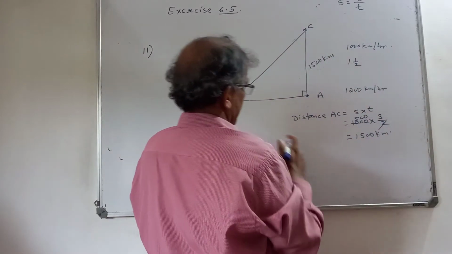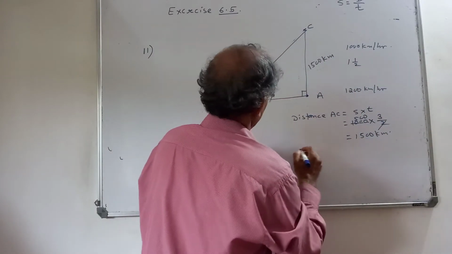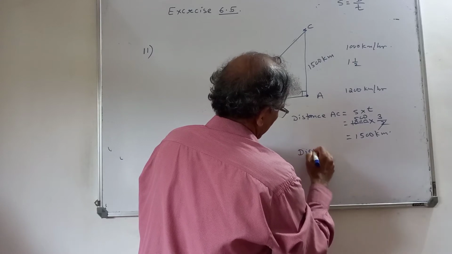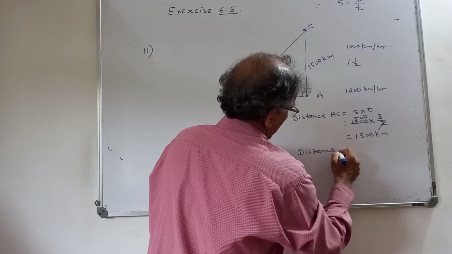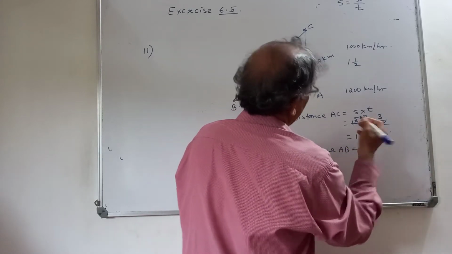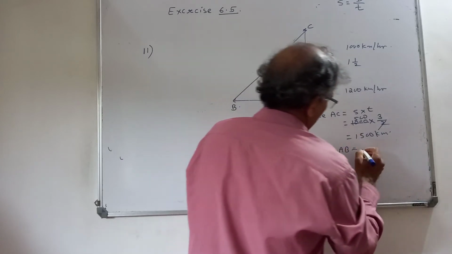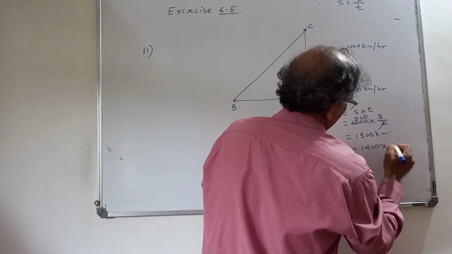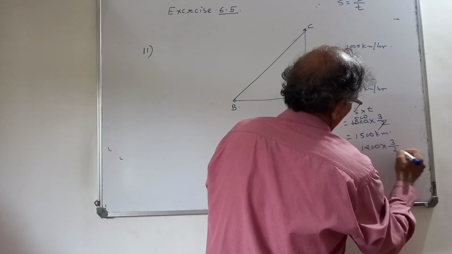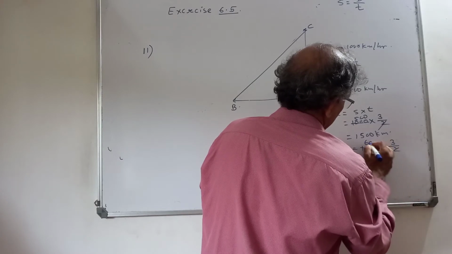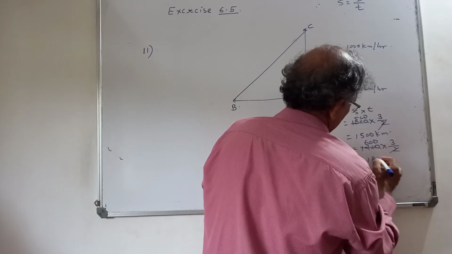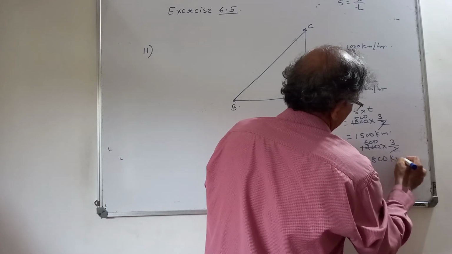Then we have to calculate distance AB. Again speed into time. What is the speed? 1200 into time 3/2, 2 into 600, 600 into 3 means 1800 kilometers.